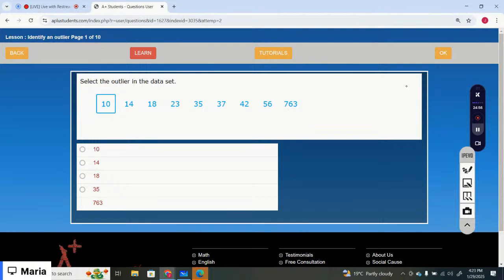That is 763. The last option is the correct option.